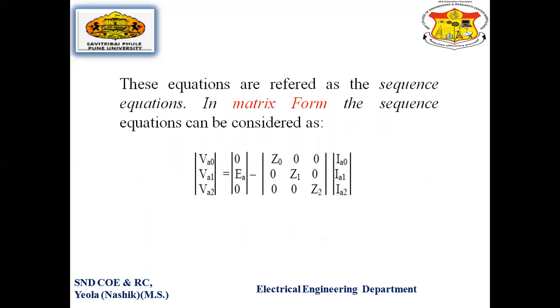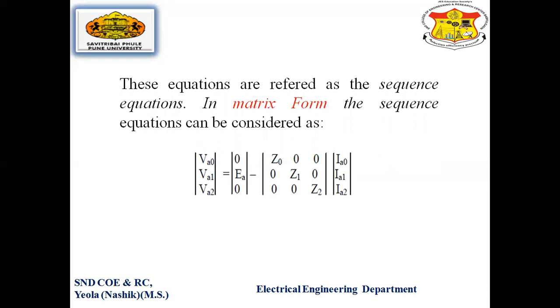In matrix form, the sequence equation can be written as the column matrix VA0, VA1, VA2 equal to the column 0, EA, 0 minus the matrix with rows Z0 0 0, 0 Z1 0, 0 0 Z2, times the column matrix IA0, IA1 and IA2. Here VA0, VA1, VA2 are the zero sequence, positive sequence and negative sequence components of the voltage.